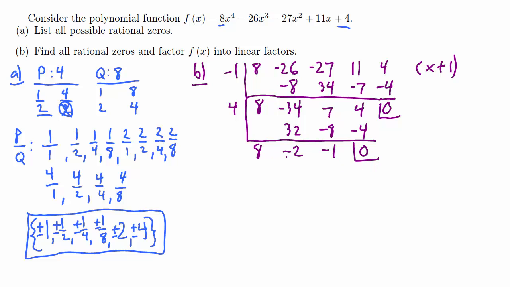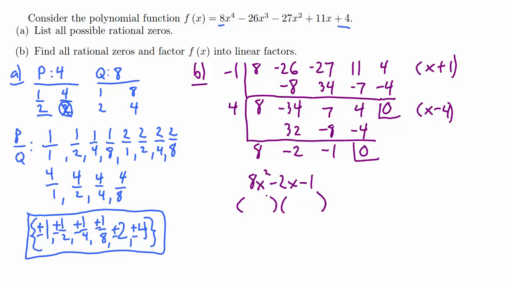Now then, 3 numbers means that this is quadratic. And you could find the fractions, but I'm going to just use factoring here. Now again, the 4 being a 0 means x minus 4 is a factor. But here we have 8x squared minus 2x minus 1. And this can be factored.